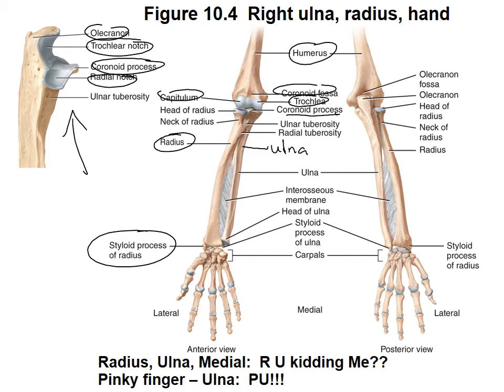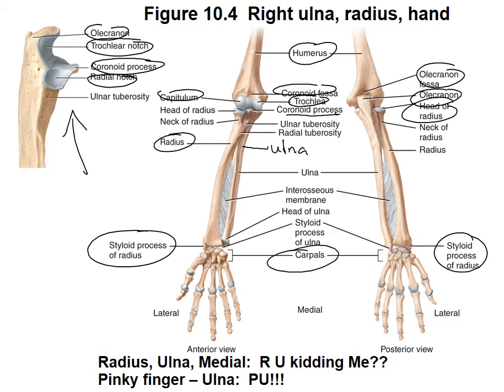Let me go back up to the humerus. You have the olecranal fossa, with the olecranon of the ulna fitting into it, the head of the radius, and then the styloid process of the radius down here. You see that's on the lateral side. Then as you go on down, you start seeing the wrist bones, which are called the carpals.